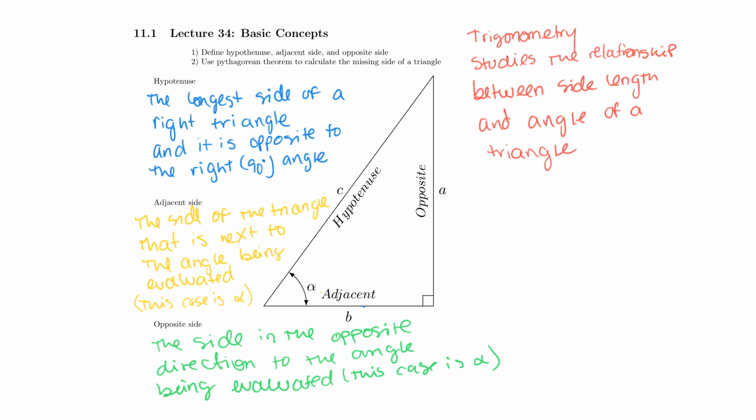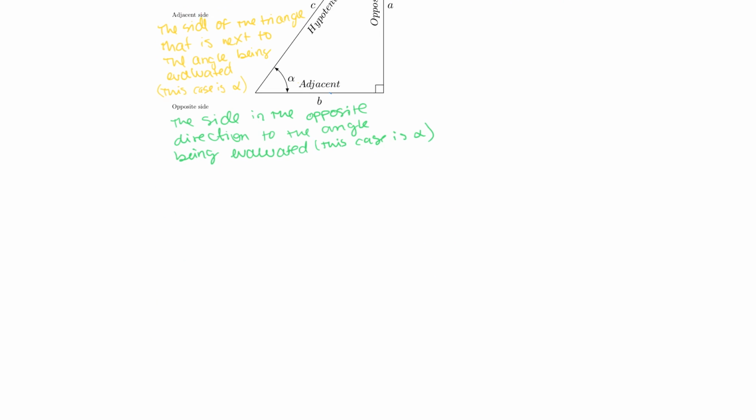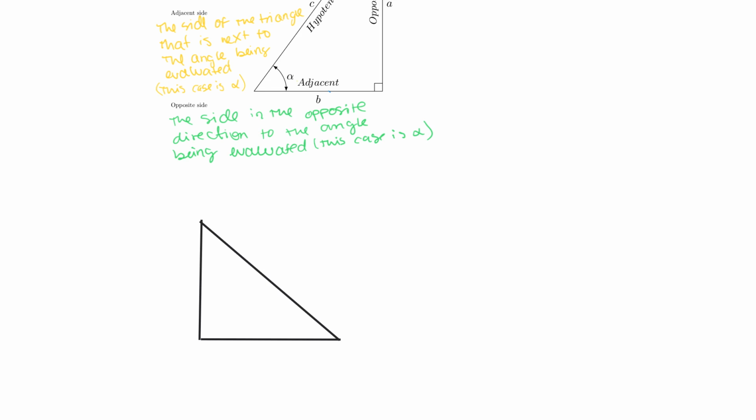Okay, so now we have the definition of all the sides in a right triangle. And it is important to mention that, remember, it is based on the angle being evaluated. For example, if we have a triangle that looks like this, where the right angle is located right here, and we want to evaluate this angle, let's call it angle beta. In this triangle, the hypotenuse will be located right here, right? Because it is opposite to the 90-degree angle.